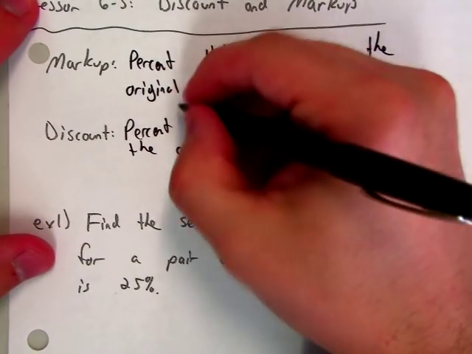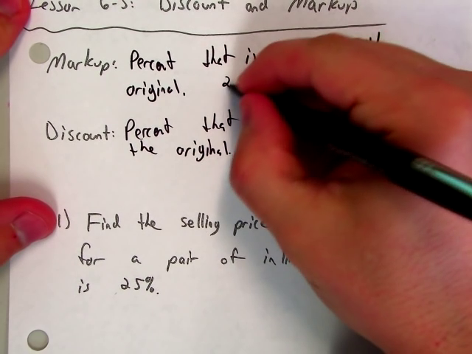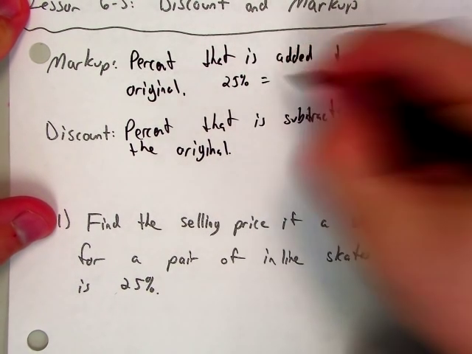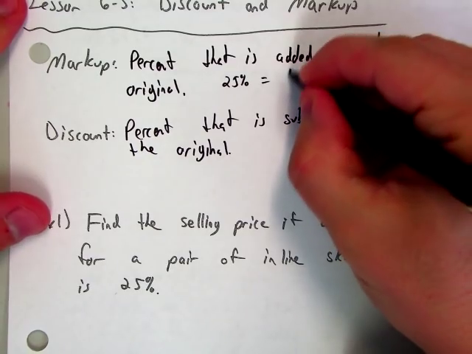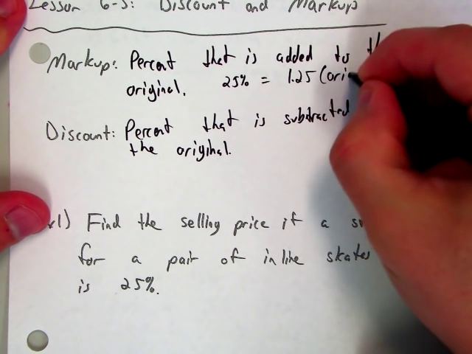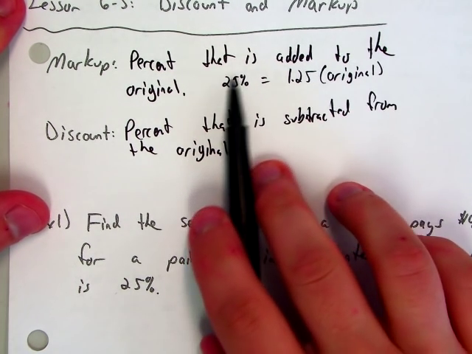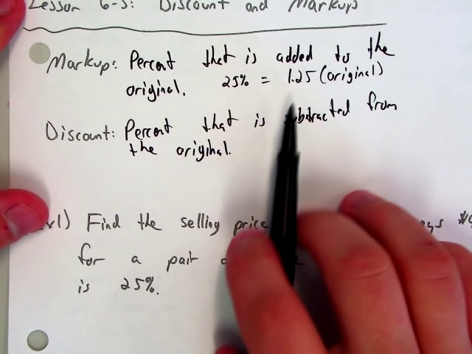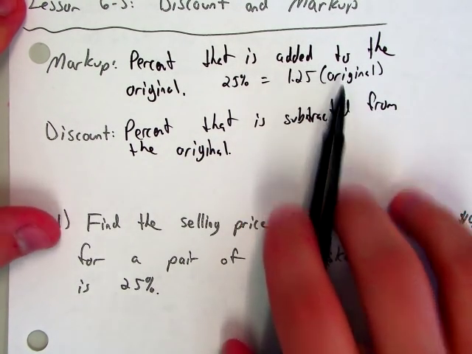So how we do it is the markup percent, say it's 25% of a markup. This is going to be the same as saying it's 1.25 times the original. What I did was I added the 25% as a decimal to 100%. So 1.25 times the original.